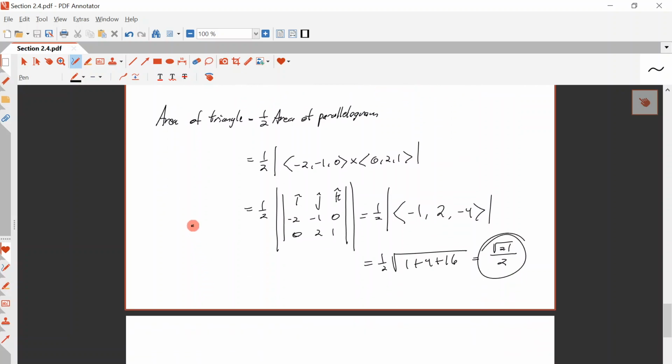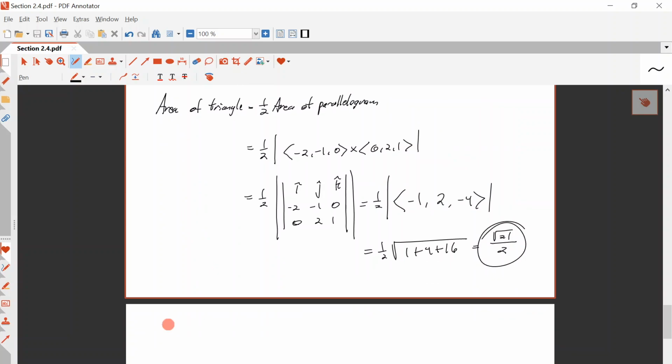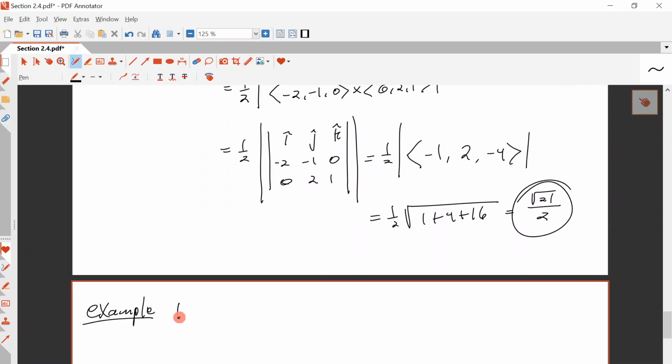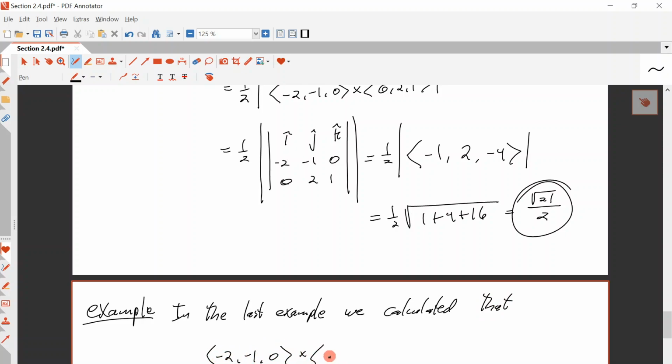Okay, so by the way, let's also check that the cross product is perpendicular to the first 2 vectors. So in the last example, we calculated that minus 2, minus 1, 0 cross 0, 2, 1 is equal to minus 1, 2, minus 4.